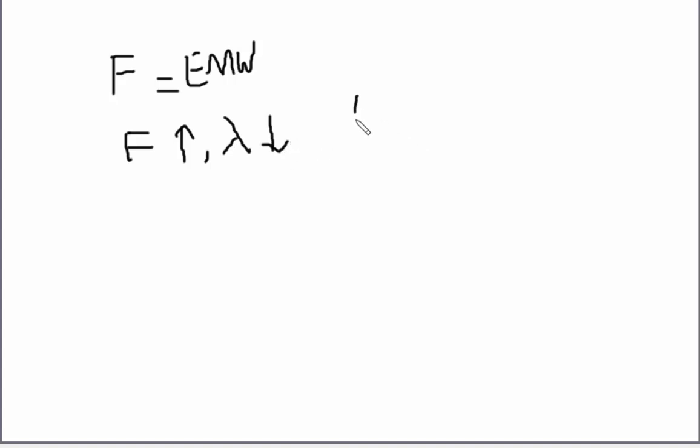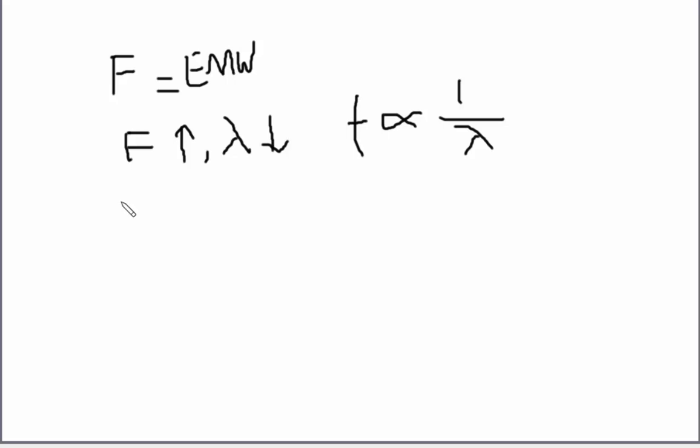As we know, frequency is described in the electromagnetic wave. As frequency increases, the wavelength, that is lambda, decreases. So we can say frequency is inversely proportional to the wavelength of any radiation.